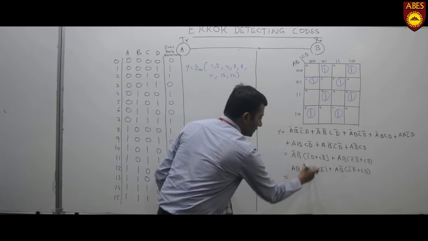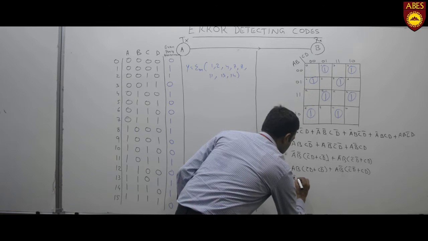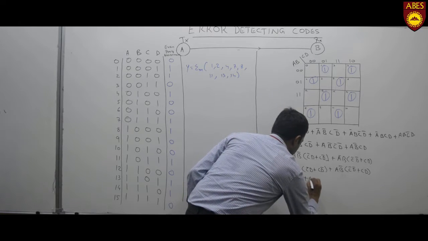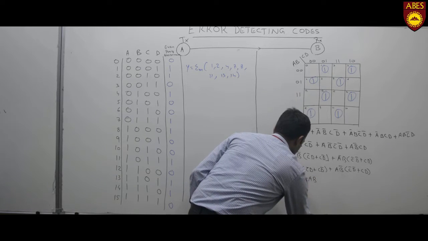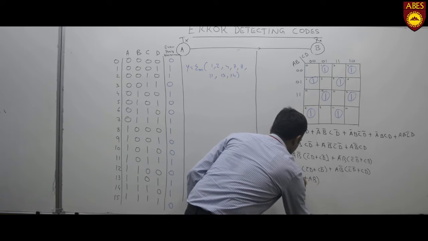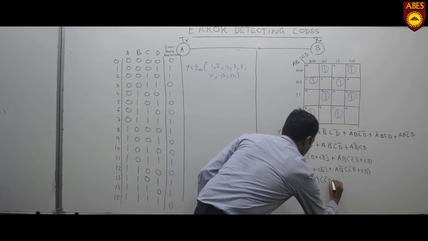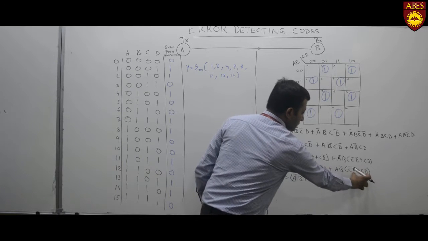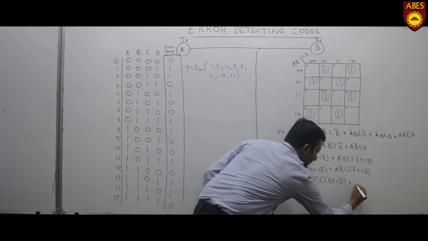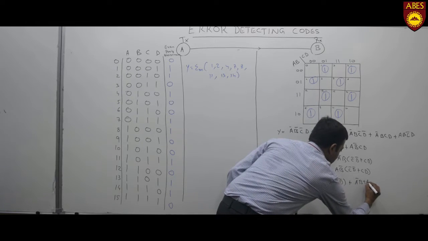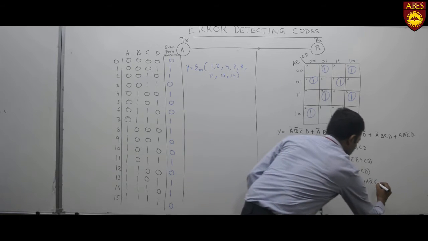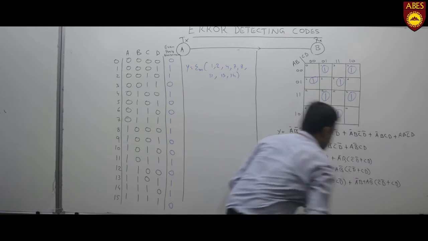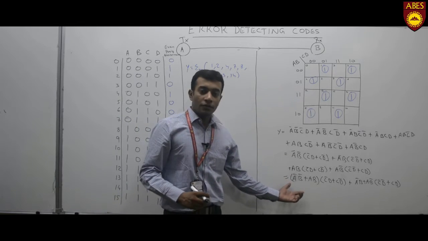We can take these two as common, and in these two, this whole term can be taken as common. Now the equation is reduced to this.